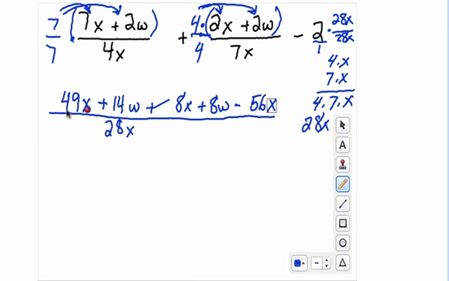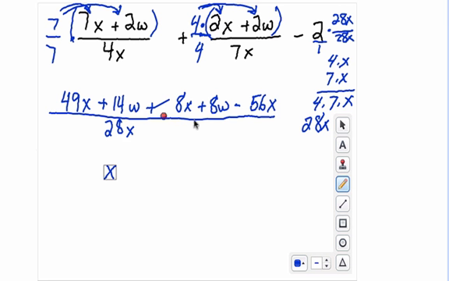Okay, now we're going to combine like terms, so 49x plus 8x minus 56x. So 49 and 8 is going to give me 57x, and I'm taking away 56 of them, so that leaves me with 1 positive x.